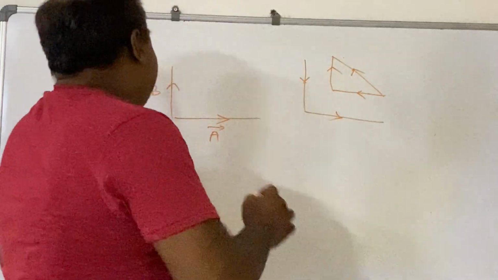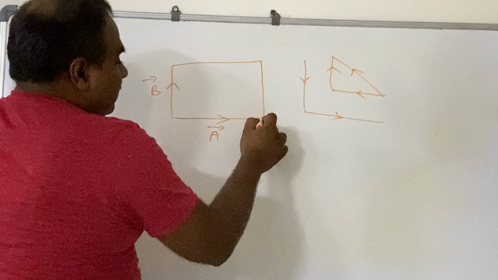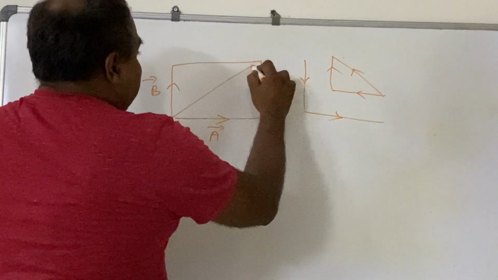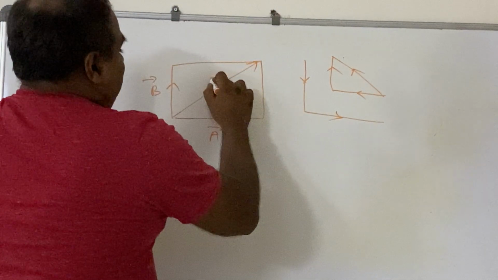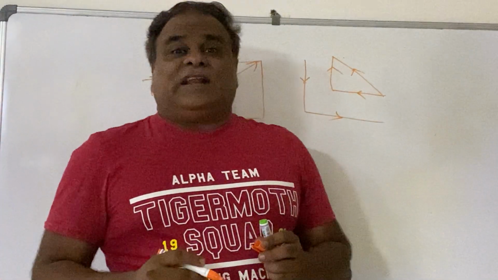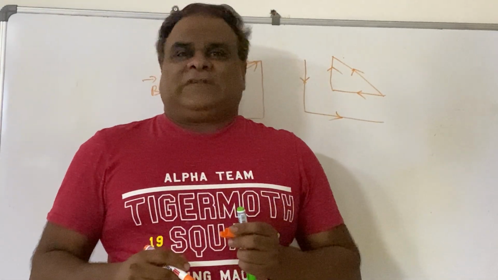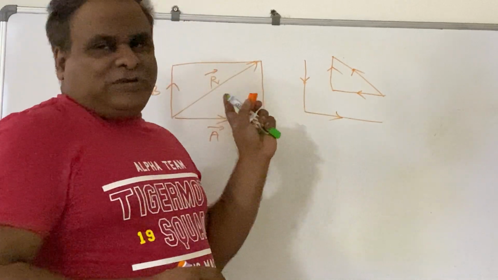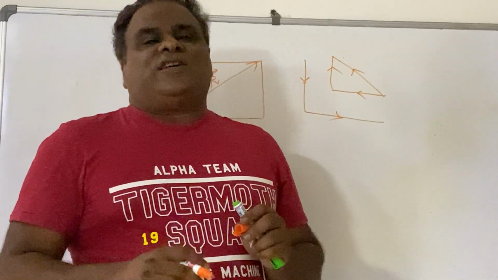That means here you will complete a parallelogram and you will get this diagonal. This is the sum. Sum of the vectors, we call it as the resultant. The sum is denoted by the resultant vector. Understood? So this portion we already discussed. That's why I am going a little bit fast.